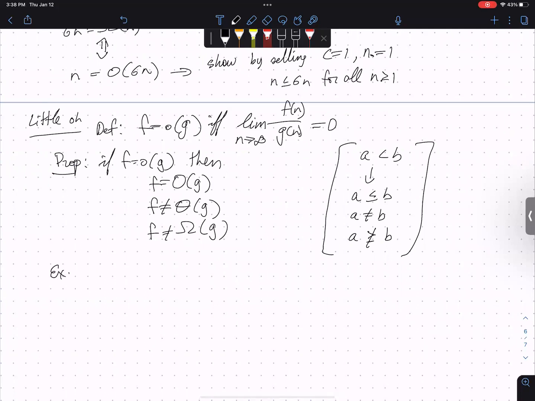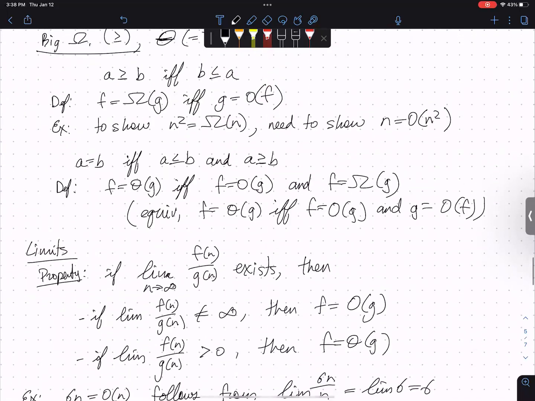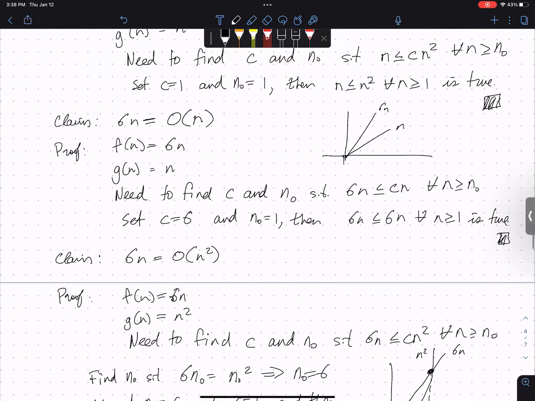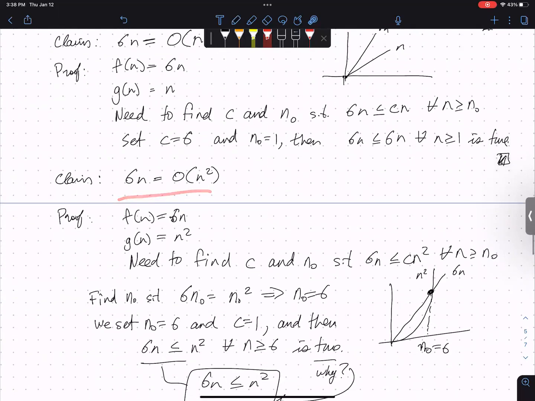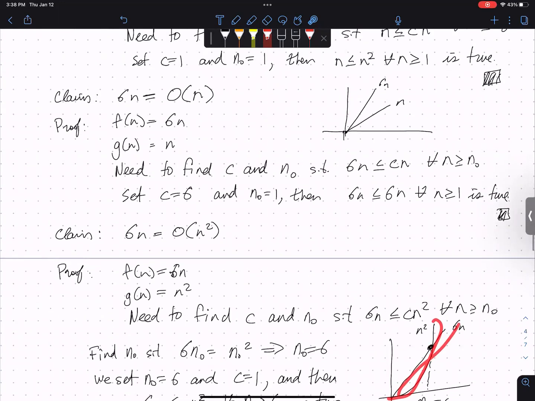Let's look at an example. We'll use something we already did. So we had looked at 6n and n squared, right? And we showed that 6n is big O of n squared. But really, this is very different than the case of 6n and n. 6n and n grow in the same way. So if I double the input size, both 6n and n double.